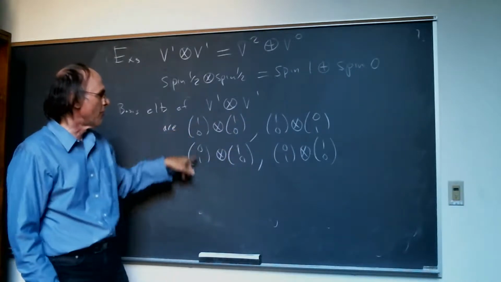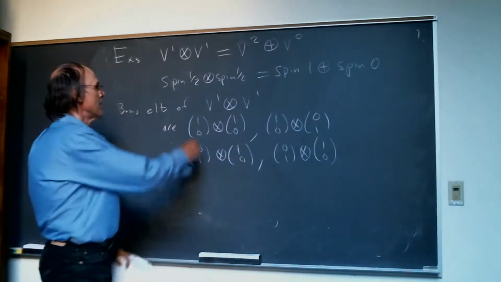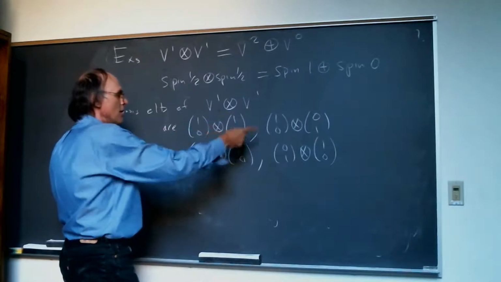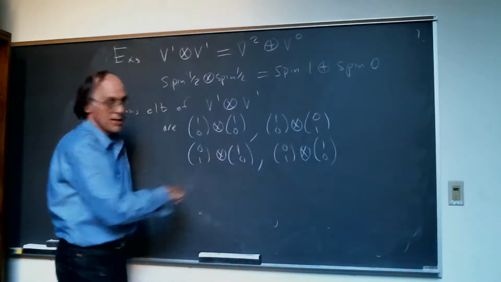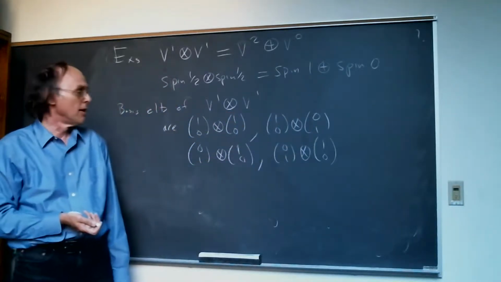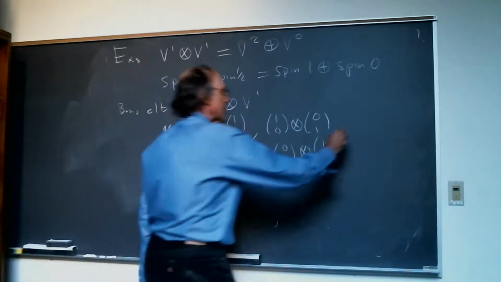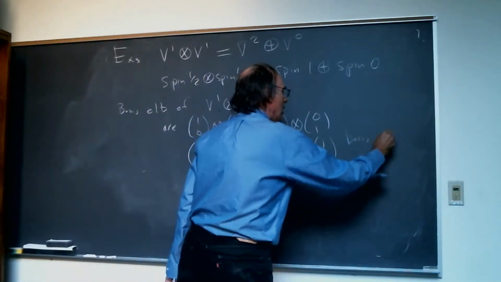Well, it's 4-dimensional. This is a C2, this is a C2, and you're taking all complex linear combinations of these, so it's a C4, and this is a basis of C4.